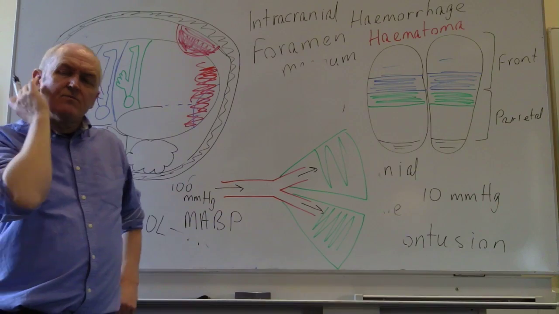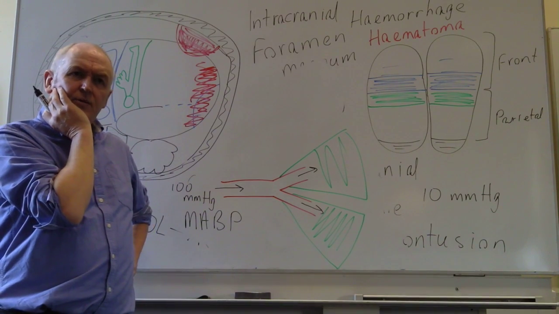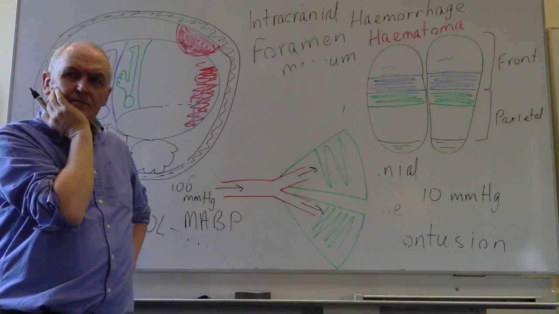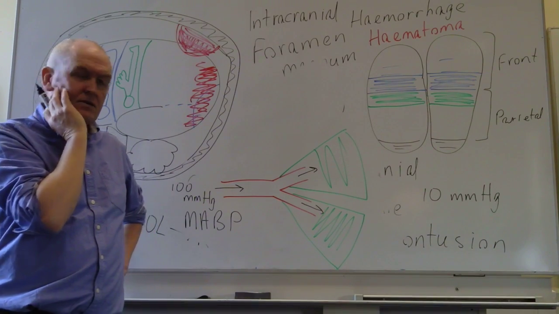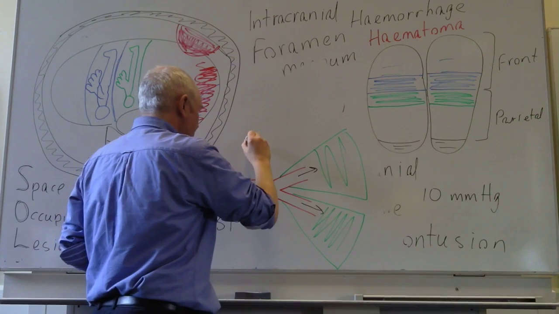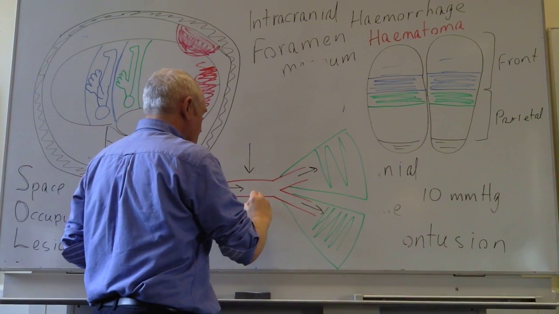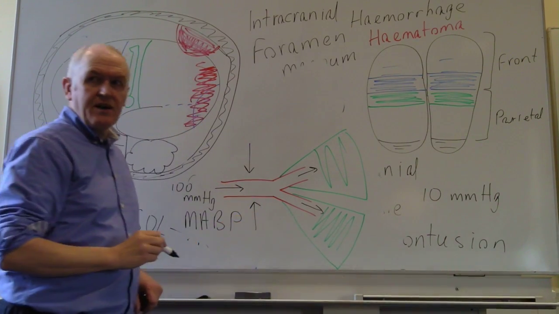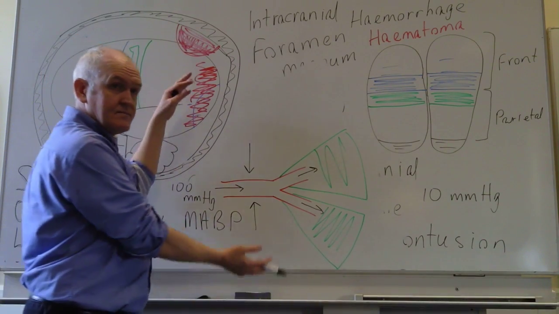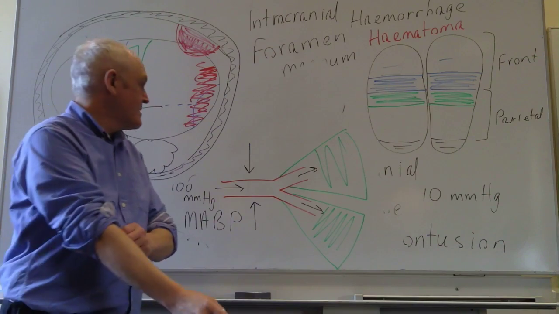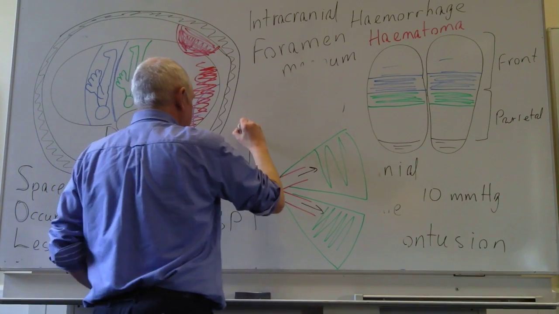But come to think of it, we've normally got intracranial pressure, haven't we? So can you see that intracranial pressure is going to be squeezing the blood vessels that go through the brain? And we said that pressure might be 10 millimetres of mercury.